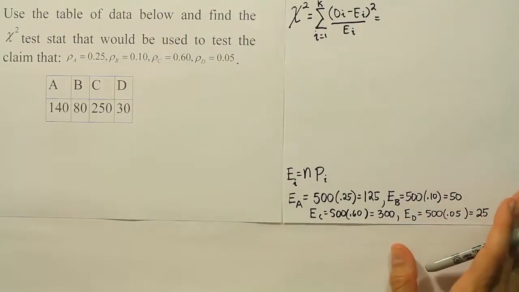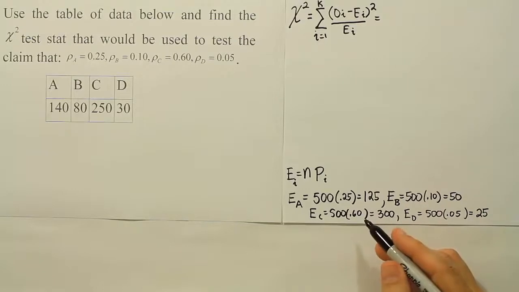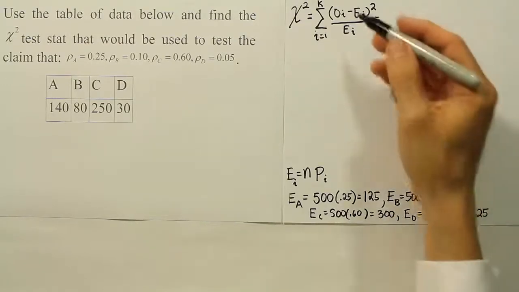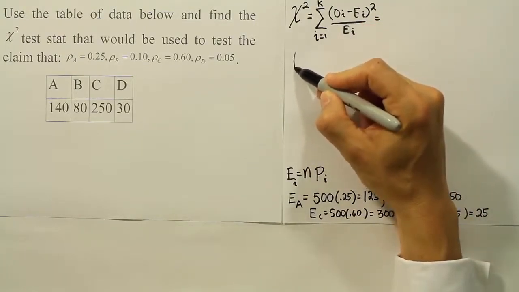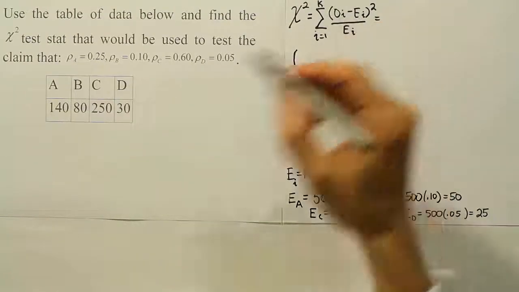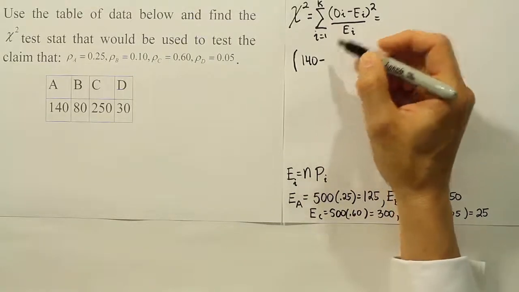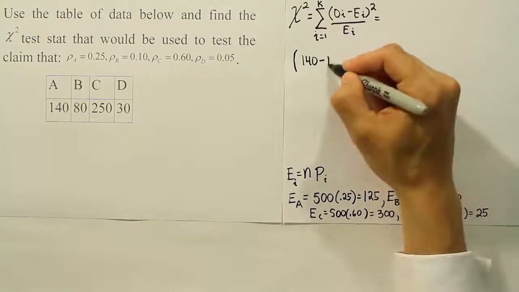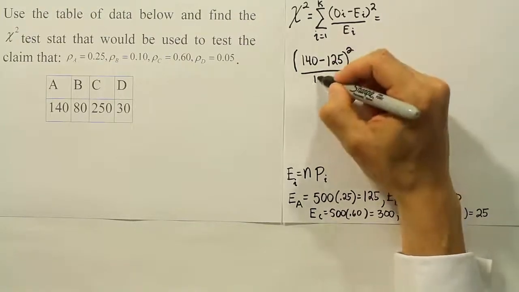Okay, good. Now that we have that set up, our next step is to take these expected values and plug them into this formula. We have 4 expected values, so we're going to need 4 fractions to fill in. I'm going to put them together one by one. The fraction for A would be the observed value for A, which is 140, minus its expected value, 125, quantity squared, over the expected value 125.